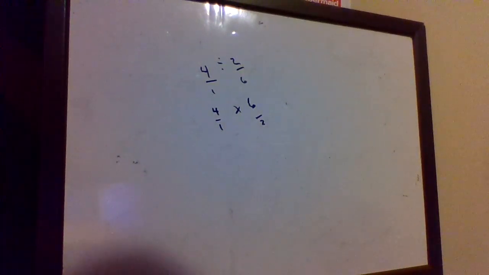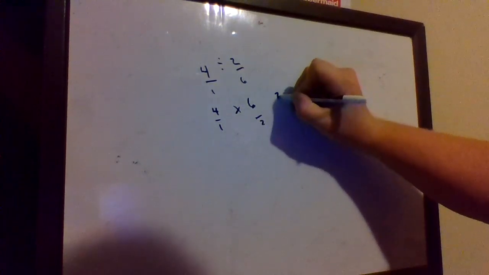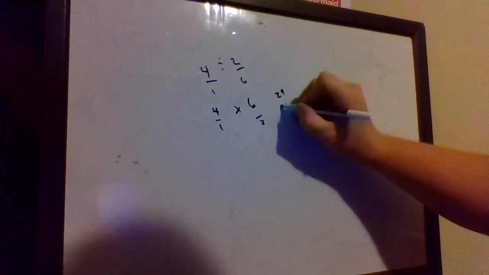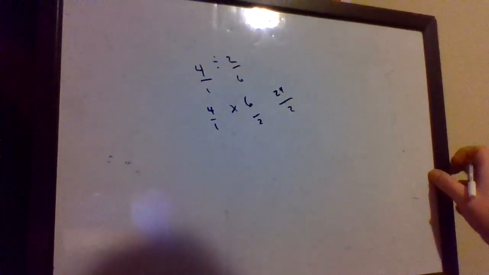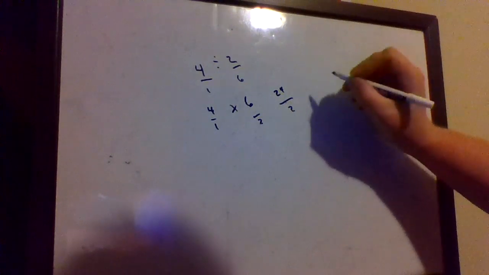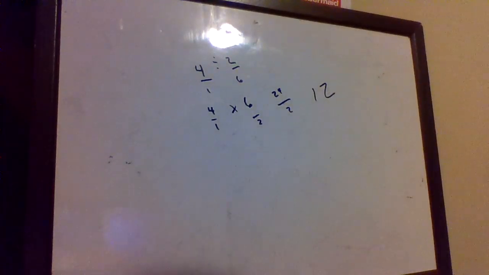Now we can multiply straight across. 4 times 6 is 24, and 1 times 2 is 2. Now we just divide. 24 divided by 2 is 12. So our final answer to 4 divided by 2/6 is 12.